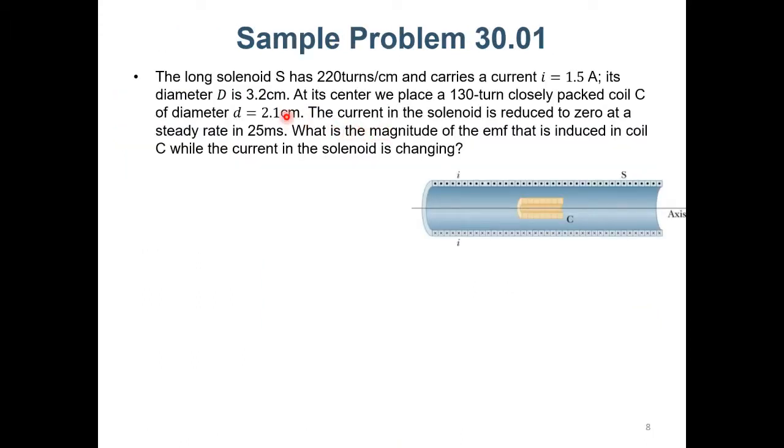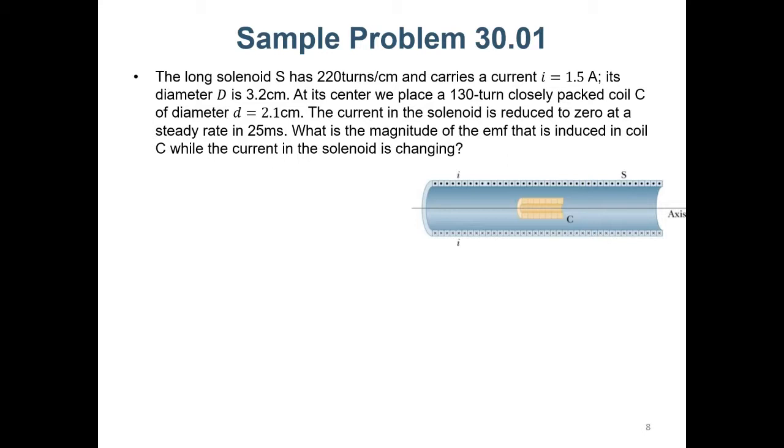So let's see a simple problem. The long solenoid S has 220 turns per centimeter and carries current I. Its diameter D is 3.2 centimeters, and at its center we place a 130-turn closely packed coil C of diameter d. The current in the solenoid is reduced to 0 at a steady rate in 25 milliseconds.